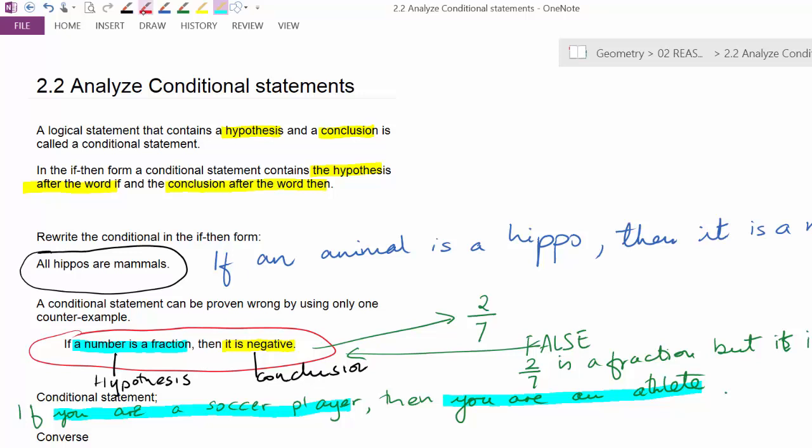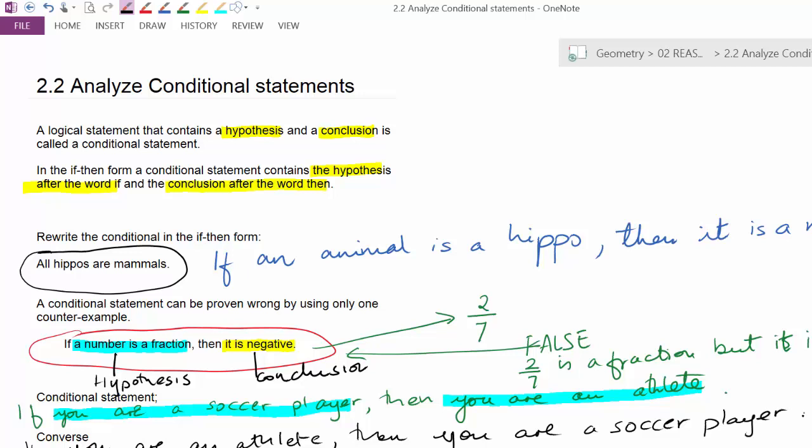So the converse here is going to be, if you are an athlete, then you are a soccer player.